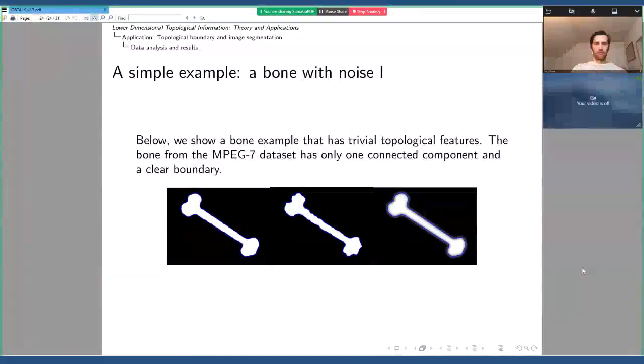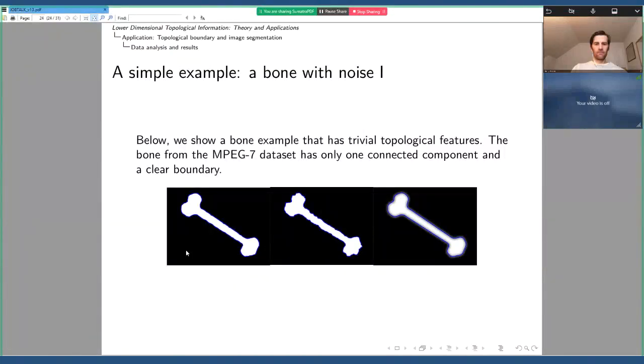In this figure, we used one bone example from the MPEG-7 dataset, which is topologically trivial because it only has one connected component, very straightforward and simple to segment. Actually, a lot of classical methods perform pretty well.